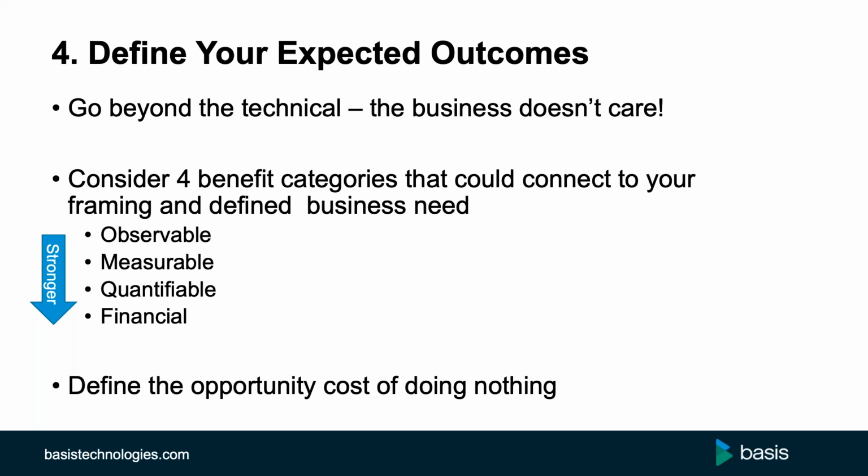Now that doesn't mean it's not worth trying to identify some in those earlier categories, but if you are lacking anything financial or quantifiable, then I think the business case will certainly be weaker.